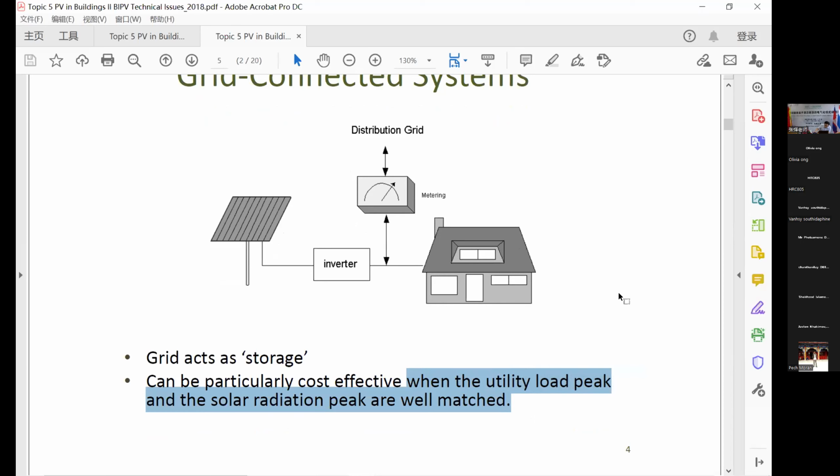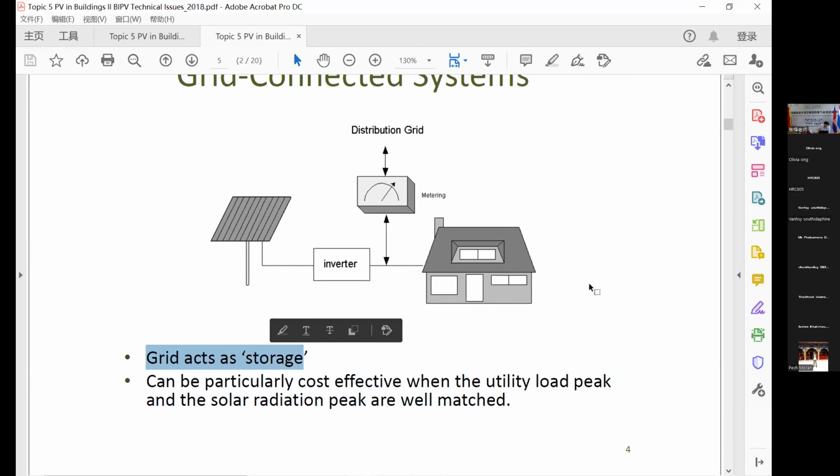But how about when the utility load peak and the solar radiation peak are not matched? If they are not matched, then we need to use the grid as a storage to adjust to ensure the load peak and the radiation peak match. Or we can use energy storage technology for the renewable energy.